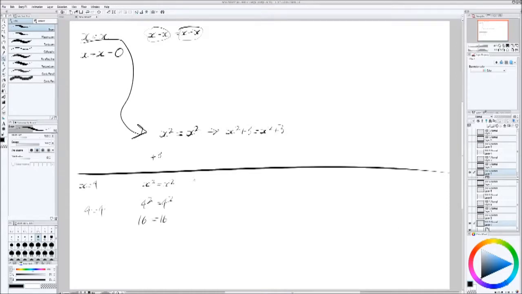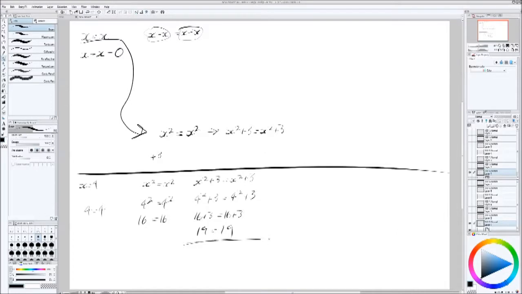And again, with x squared plus 3 equals x squared plus 3, so we throw in 4, we have 4 squared plus 3 equals 4 squared plus 3, which is 16 plus 3 equals 16 plus 3, which equals 19 equals 19. And that is all in fact correct.